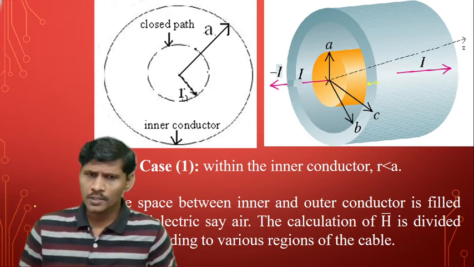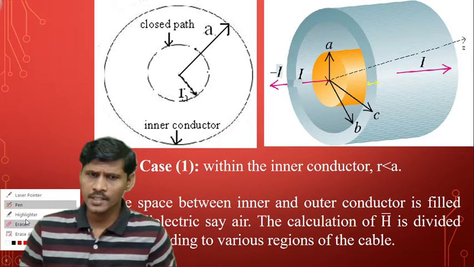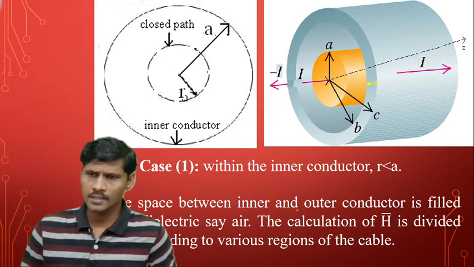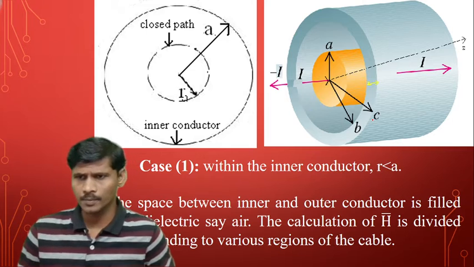In these two concentric cylinders, the inner radius is b meters and the outer radius is c meters.